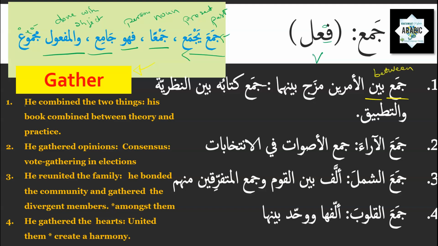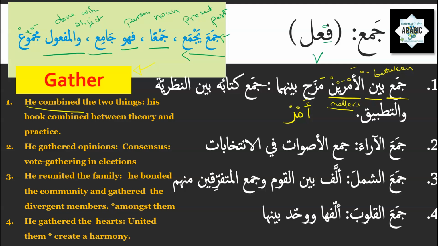So جمع could also mean combine. جمع بين الأمرين. الأمرين literally means matters, or the two matters. If you're referring to one matter, you would say amr. One matter, one issue.